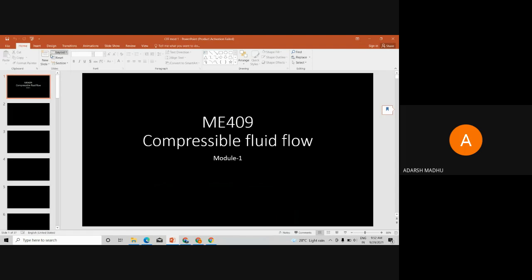So we can discuss our first module, the introduction. That is, what is compressible flow and what are fluids.